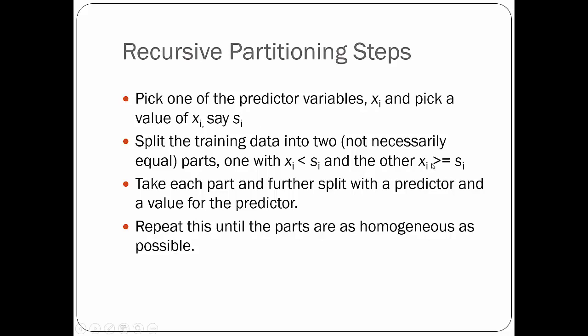By including the equal to sign on one side and not the other, you get a clean break, a mutually exclusive partition. Then take each part and further split with the same predictor or with a different predictor. Repeat until the partitions are maximally homogeneous.